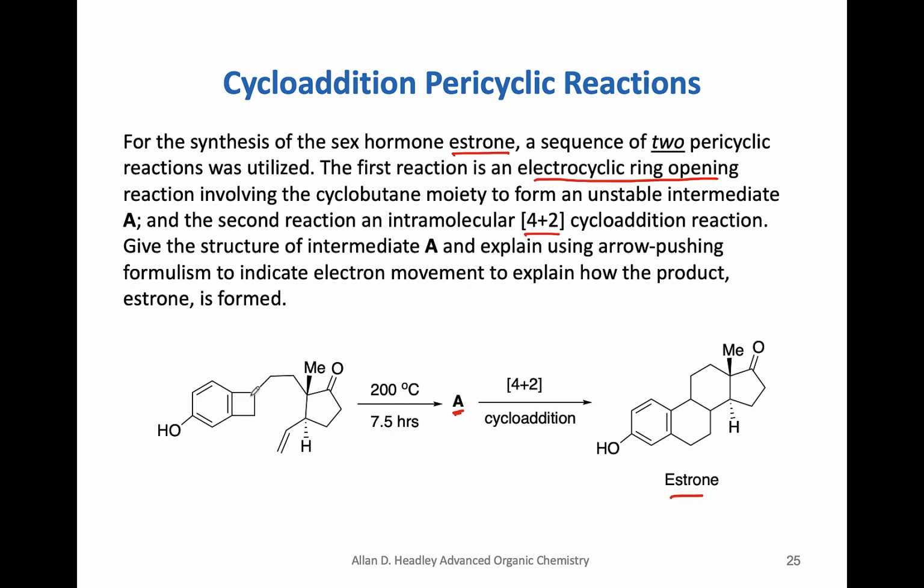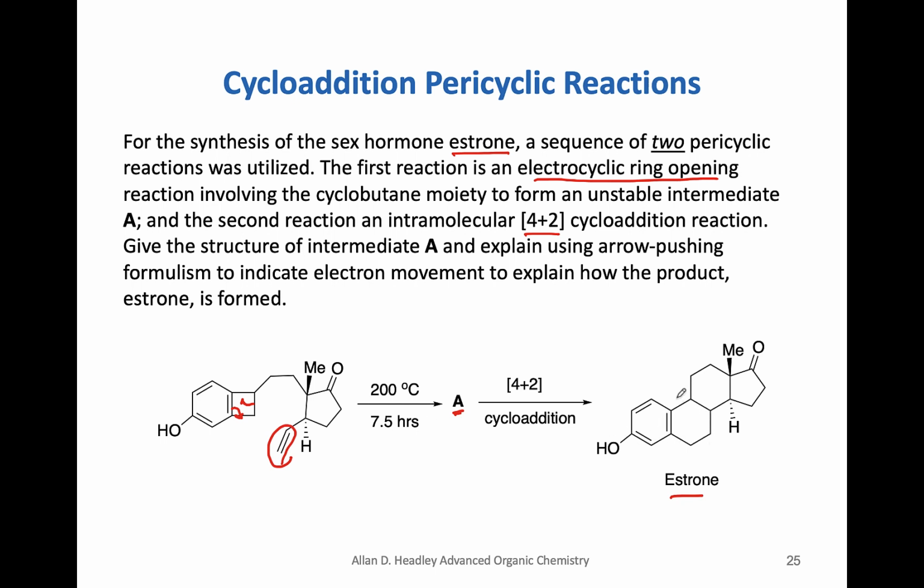So we can imagine here a ring opening, one here and one here. So once you open that up, you'll see that you'll have here a conjugated system, and here is a potential dienophile right here. So once this opens up, this can react with this to close that ring.